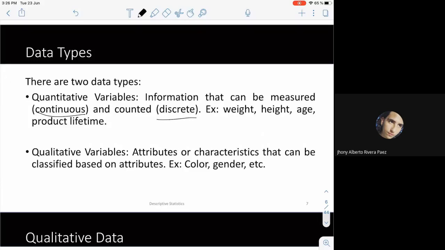And the examples provided by Randy are okay too. The number of people in general is discrete, like the number of students connected here or the number of people right now in a supermarket. But if we start measuring something, then that would be a continuous variable.